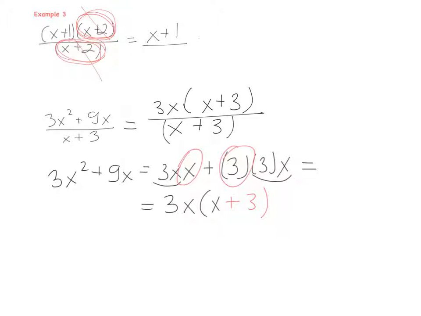As you can notice, these brackets are the same, and now I can cancel them out. So I'm left with 3x. Okay? So actually this complicated fraction equals 3x.